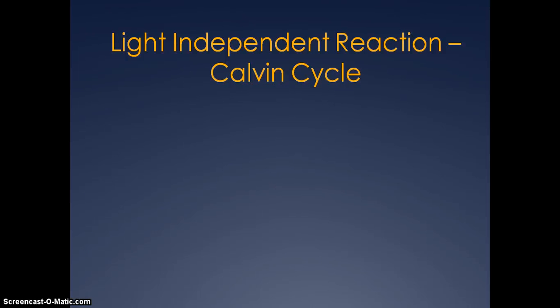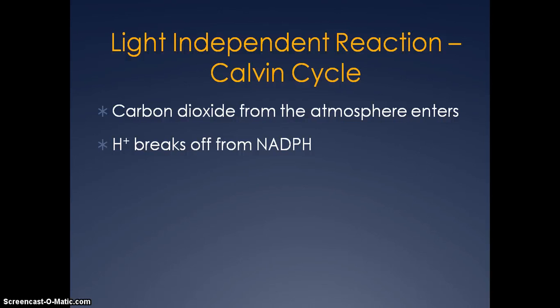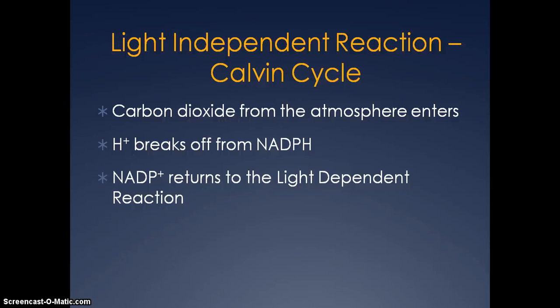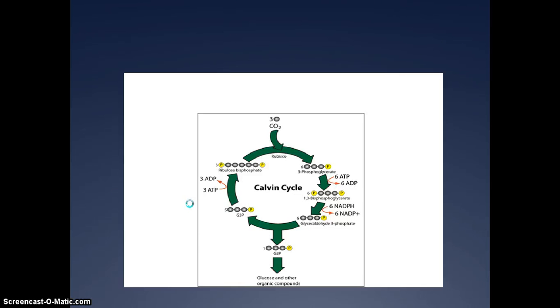So, in light independent reactions, carbon dioxide from the atmosphere enters and is being fixed, along with hydrogen protons from NADPH, into glucose. NADP plus, after losing the protons, returns to participate in the light dependent reactions again in the thylakoid membrane.